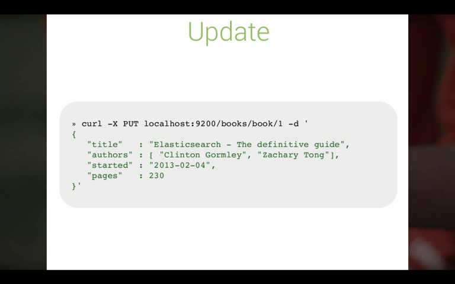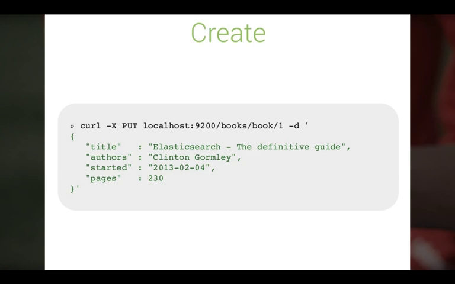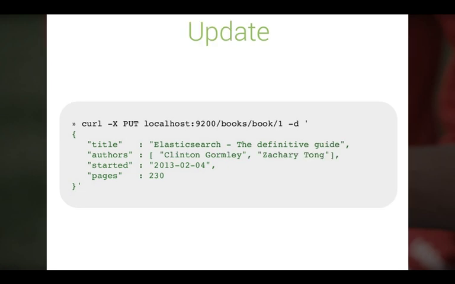So if you want to update the ID 1, here we are changing the author's name. On the previous slide, you can see in authors we have only Clinton, but we want to append a new name. Then we can do a PUT operation on the same ID. Here we are adding a new author. You can see the authors array now has two values.